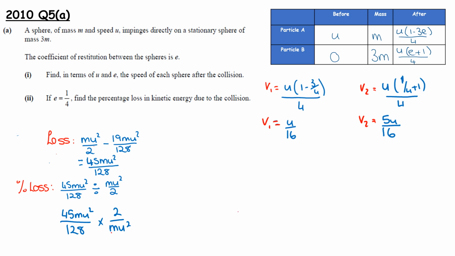The mu squared cancel, so we will be able to get a number straight off. And then you can multiply that out. We get 90 over 128, and when we convert that into an actual percentage, that's going to give us the answer, which is 70.3%.